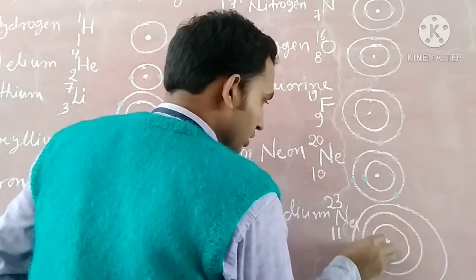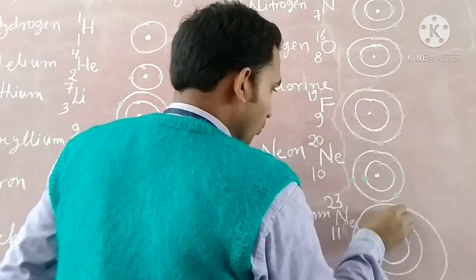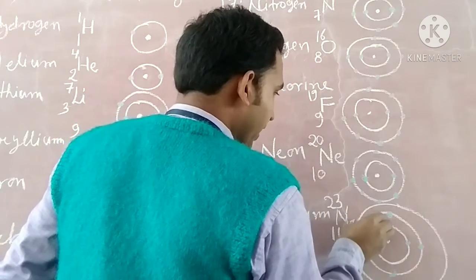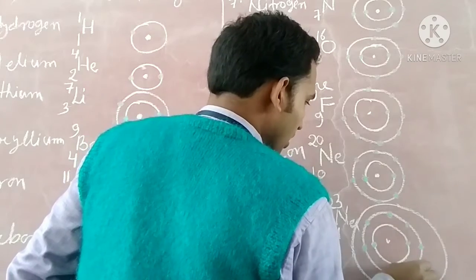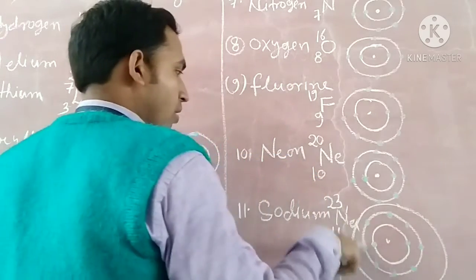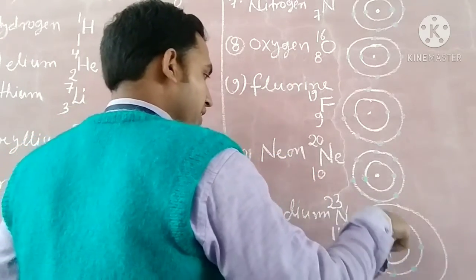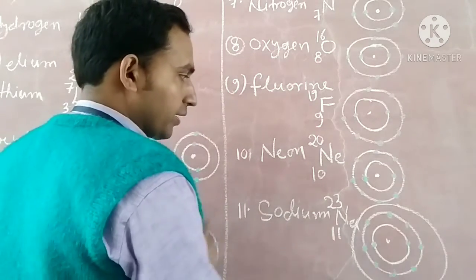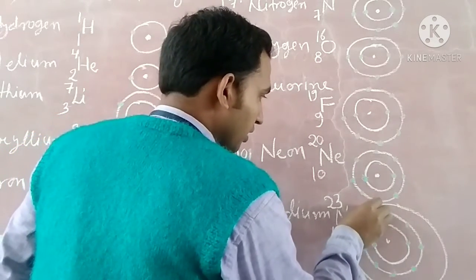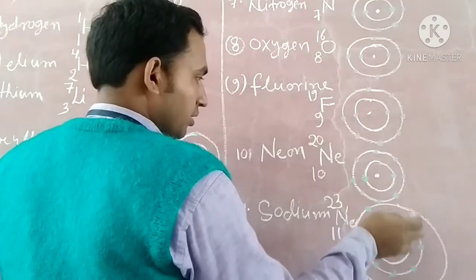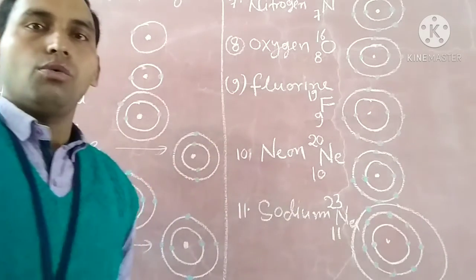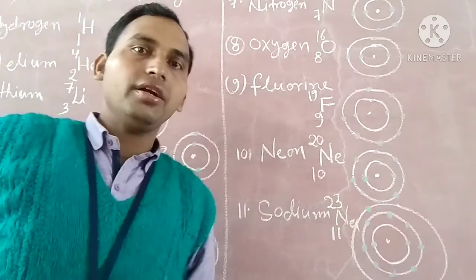You see here, these are the 2 electrons. 1, 2, 3, 4, 5, 6, 7, 8 electrons. The maximum number of electrons in the second cell is 8. And how many electrons are remaining? 1 electron you put in this cell. This is known as the K cell, L cell, M cell. So the M cell has only 1 electron present here.